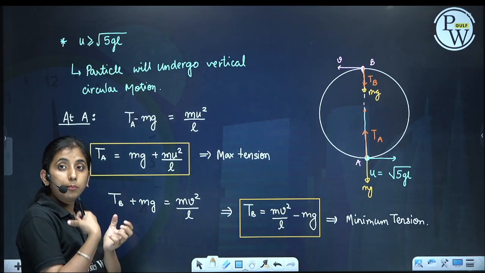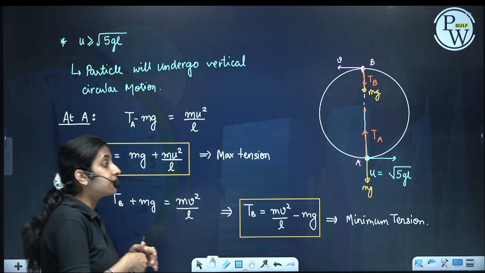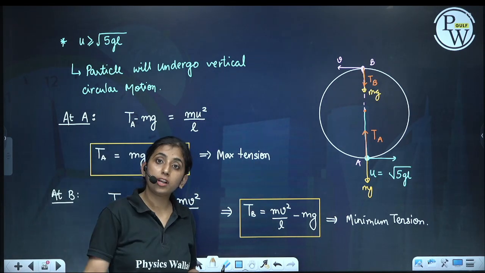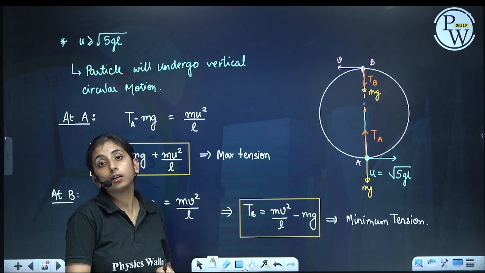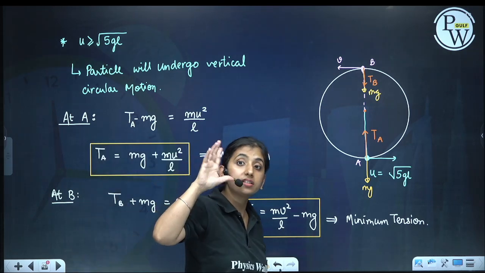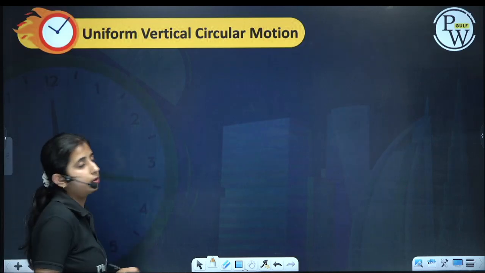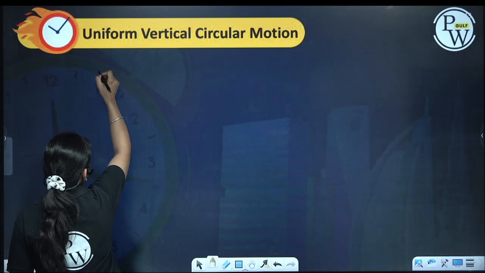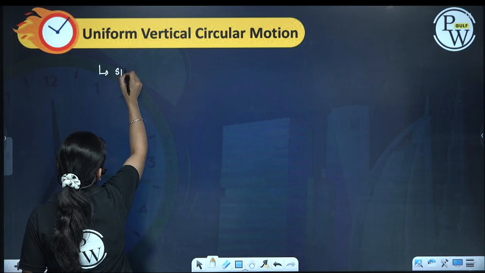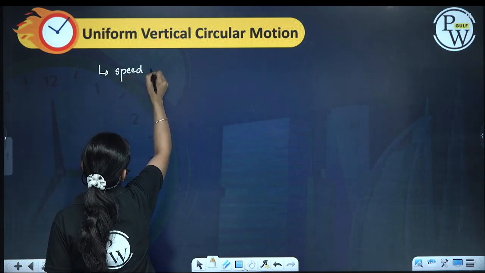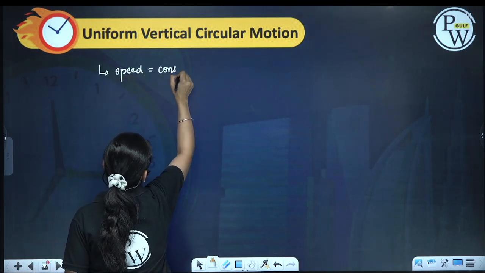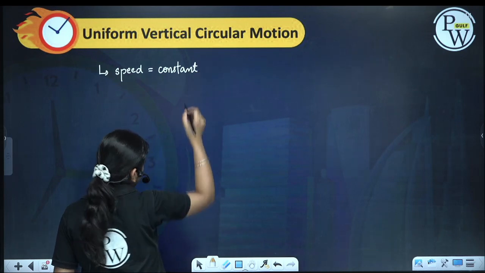Such a vertical circular motion, forced to move in a complete circle with constant speed, is called uniform vertical circular motion. In this, speed is constant.